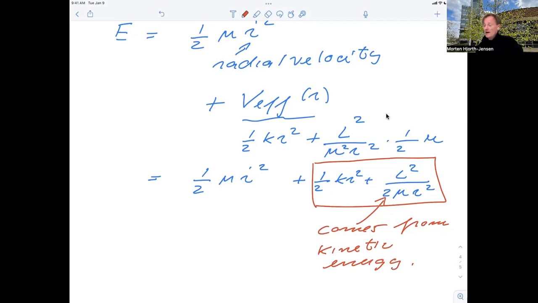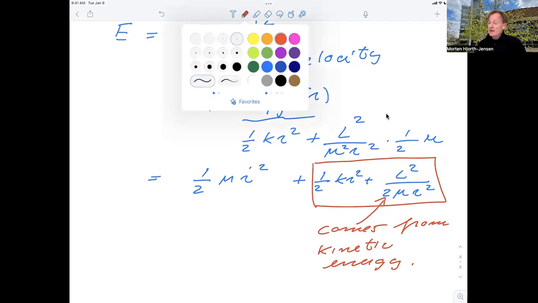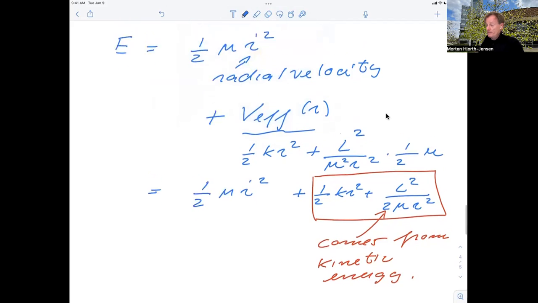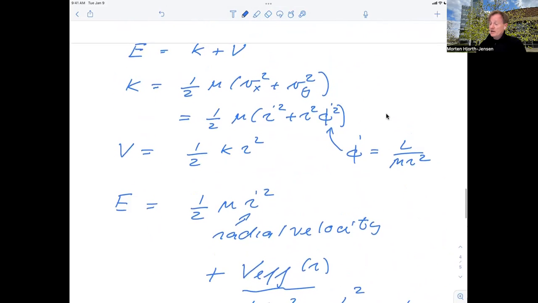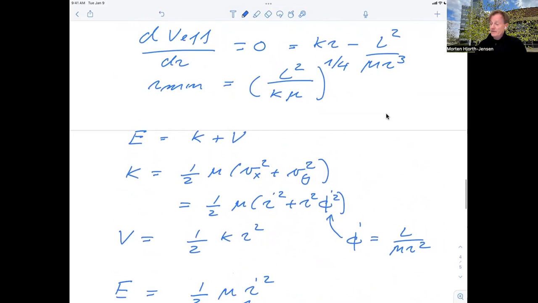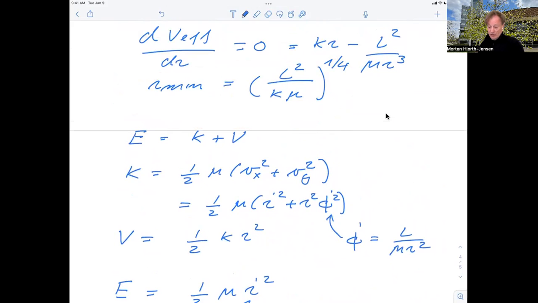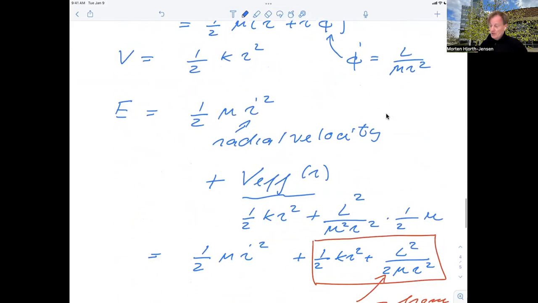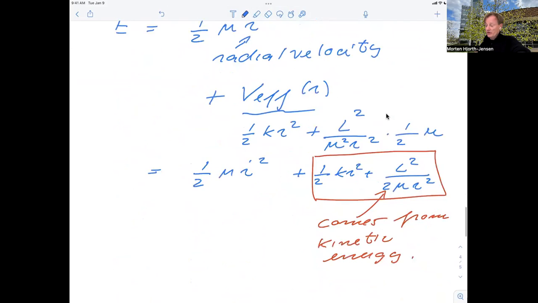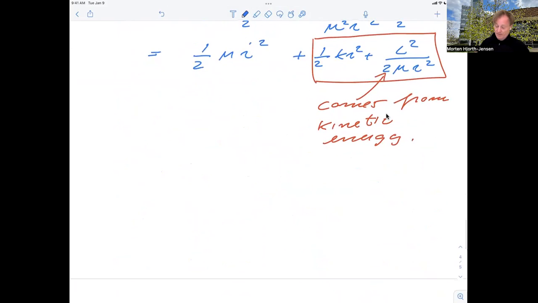Now, if we go back and look at the value at this minimum, so if we plug in the value which we found here for the minimum, this specific value here, we can plug that into the equation for the energy. So that means that we need to evaluate this r squared min.